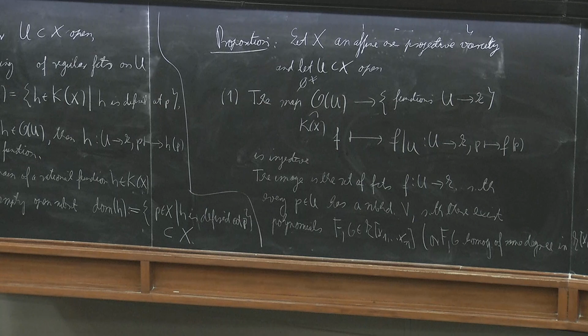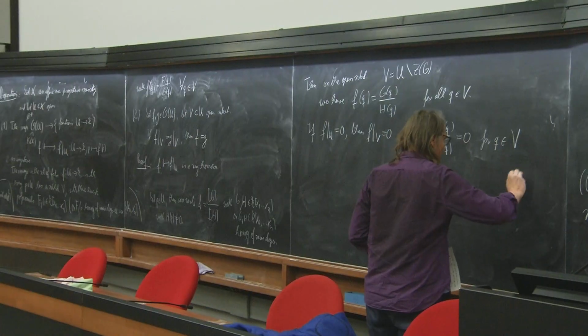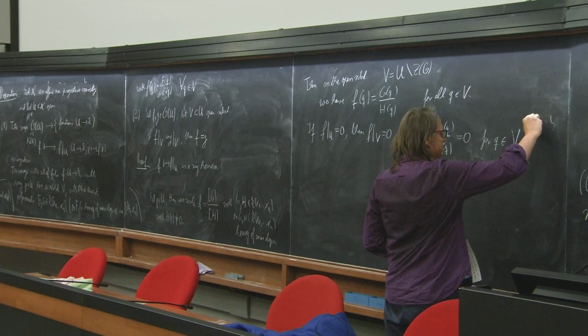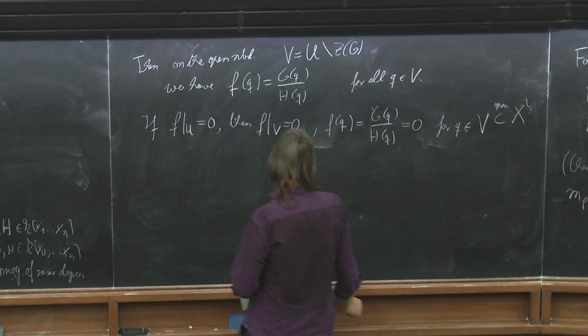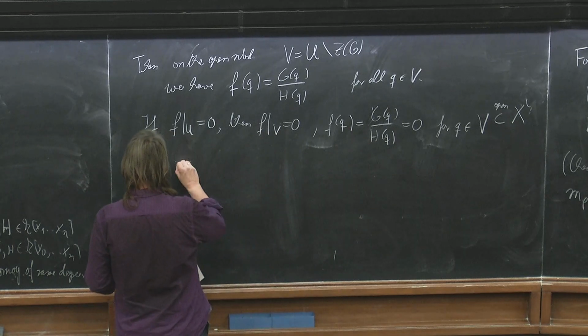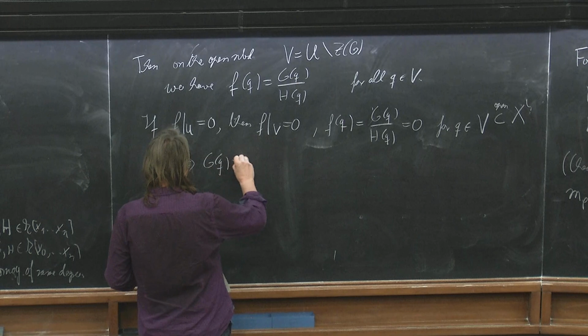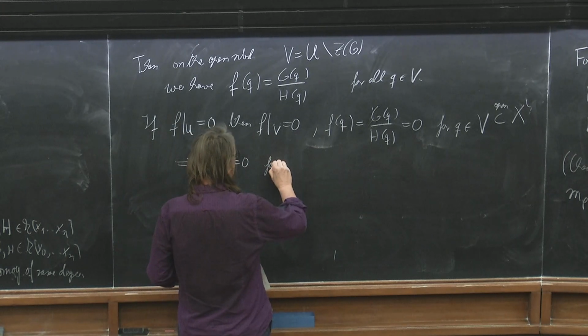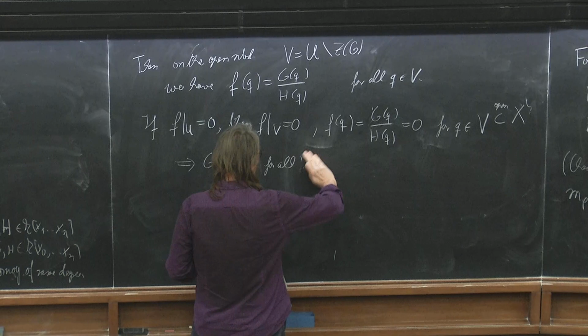So we have that f(q) = g(q) divided by h(q) is 0 for all q in V, an open subset in X and non-empty. And h(q) is non-zero, so it follows that g(q) is 0 for all q in V.